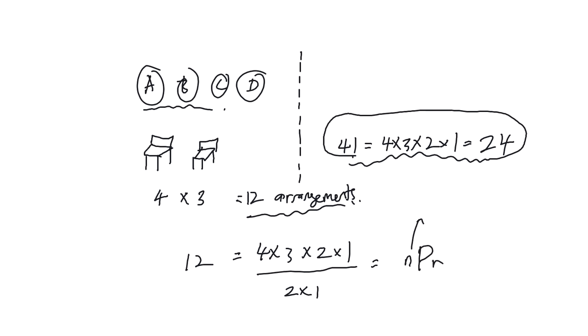So n here is 4, r here is 2, and that is n factorial over (n minus r) factorial.